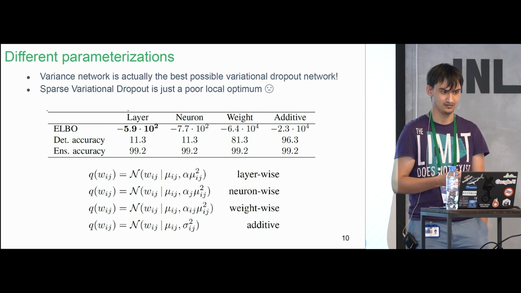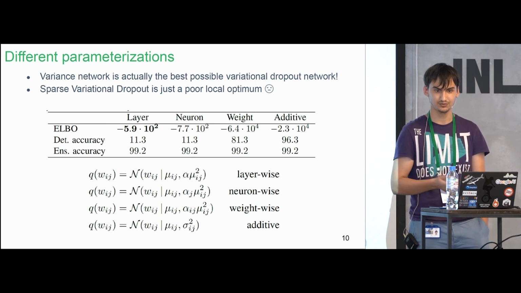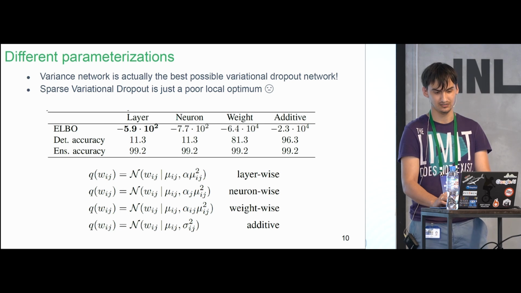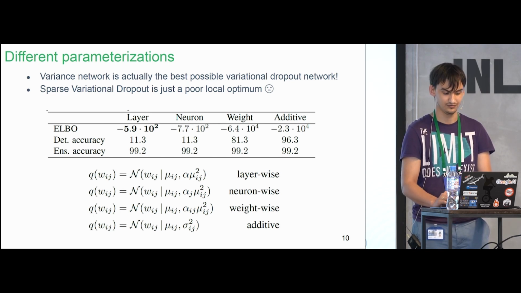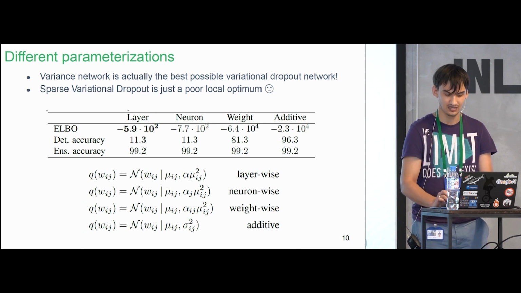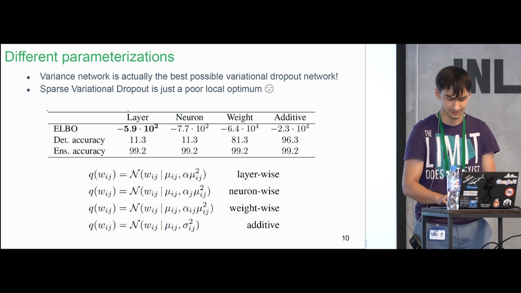And it happens that these poor local optima are actually quite useful. They correspond to sparse solutions. But if you tried to optimize the evidence lower bound rigorously, striving for the best possible value of the objective, then you would not obtain such a sparse solution, and you would converge to variance networks, which is a very strange regime for a neural network to be in.